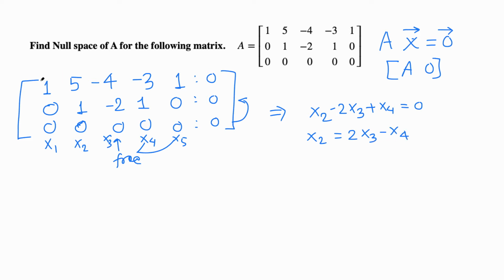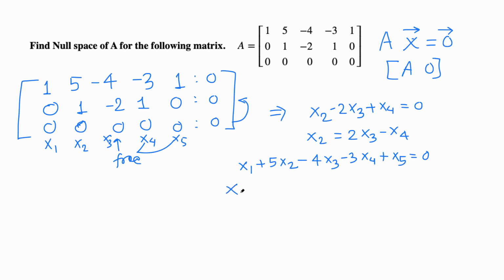From the first row, now we get 1x1 plus 5x2 minus 4x3 minus 3x4 plus x5 equals 0. And we know that x2 is given in terms of x3 and x4, so we're going to substitute that. x3 is just x3, free, x4 is also free, x5 is also free.